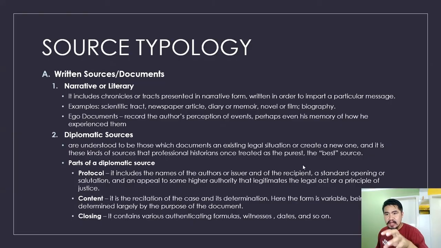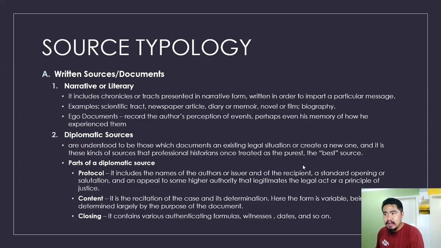So, you're documenting about an individual, for instance, and that is narrative. Remember that this is the first thing that comes in. For instance, scientific tracts, news articles, diaries, novels, or film, then your biography. Biography, novel, because there is a person there, there is the perception of the author or a certain person. So that is narrative.